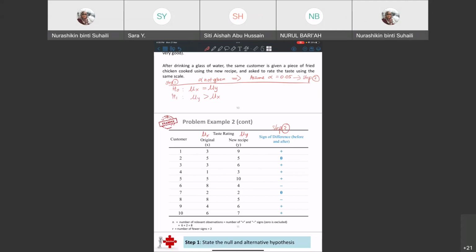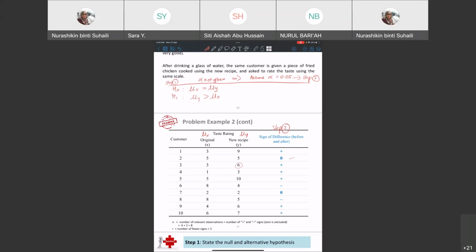Okay, 5 and 5, no difference, right? 3 and 6 is plus, because 6 is greater than the original. 1 and 3 also plus. So the source of the comparison should be the same for all. So 1 and 3 plus, 5 and 10 plus, 8 and 4.